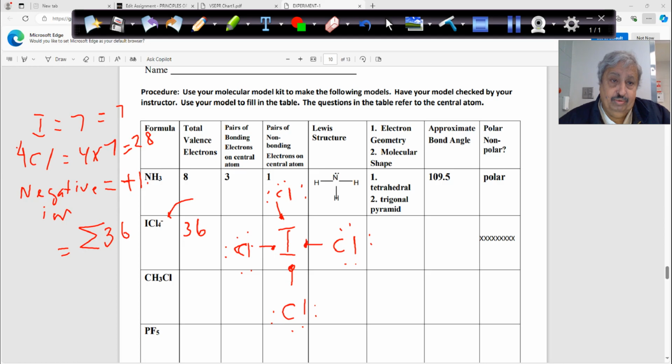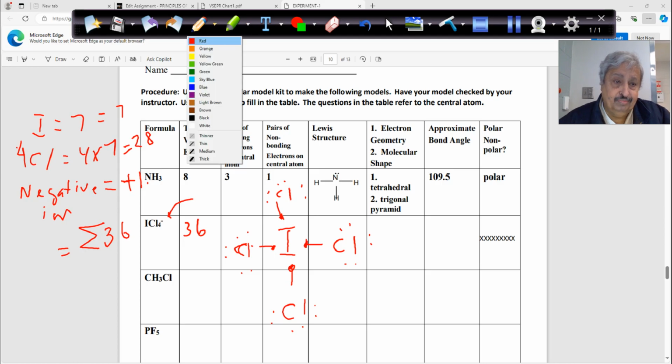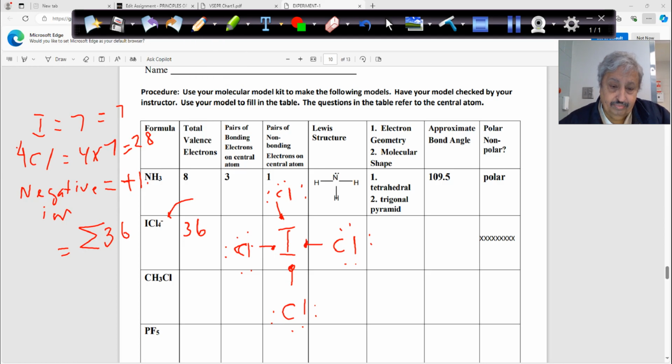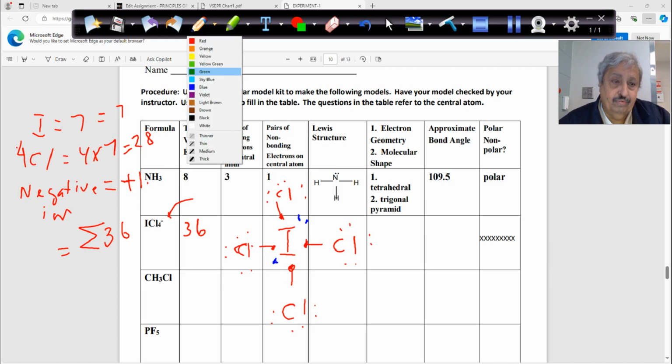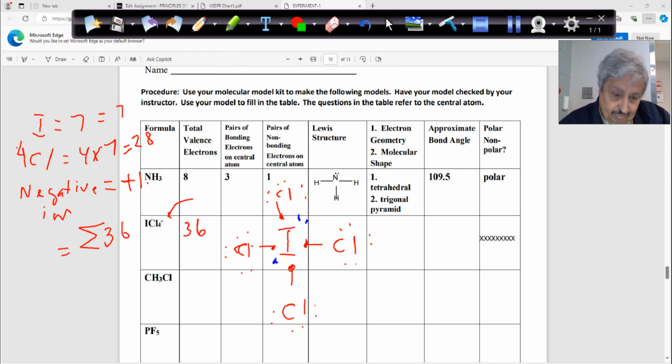So it will have 2 sets, 2, 1, and one from the negative charge. Okay, guys.